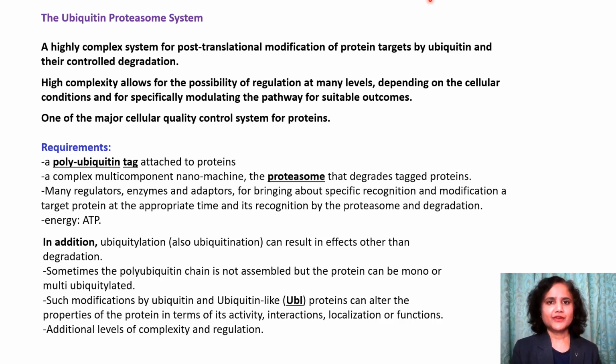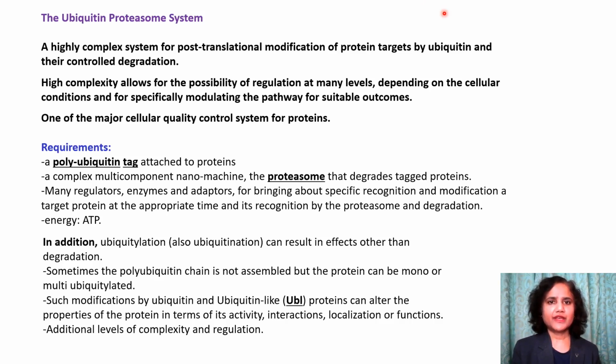In addition, ubiquitylation, which is also often referred to as ubiquitination, can result in effects other than degradation. Sometimes the polyubiquitin chain is not assembled, but the protein can either be mono- or multi-ubiquitylated.